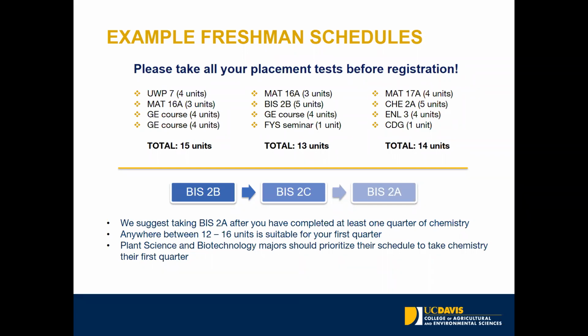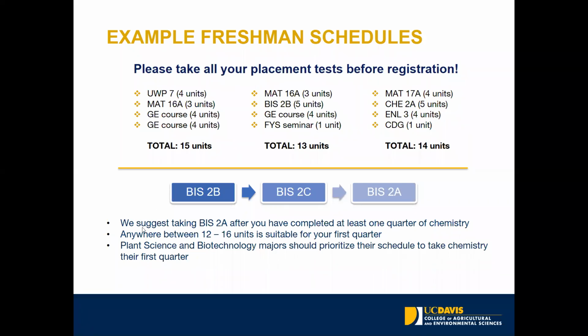There is no rush to make an appointment with us right after this webinar. If you don't have them done yet, that's completely okay. We do ask that you try and finish those before you meet with us, though, because it will be easier for us to help you plan your schedules.